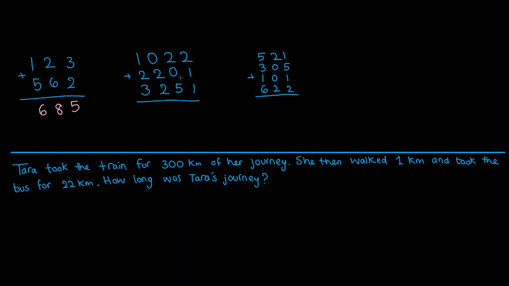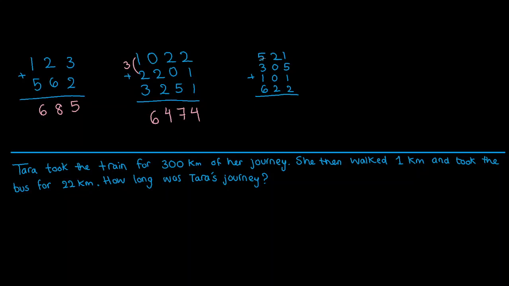Here is an even larger problem. 2 plus 1 plus 1 is 4. 2 plus 0 is 2, and then 2 plus 5 is 7. We've got a 0 here, so 2 plus 2 is 4. And then 1 plus 2 is 3. And then 3 plus 3 is 6.